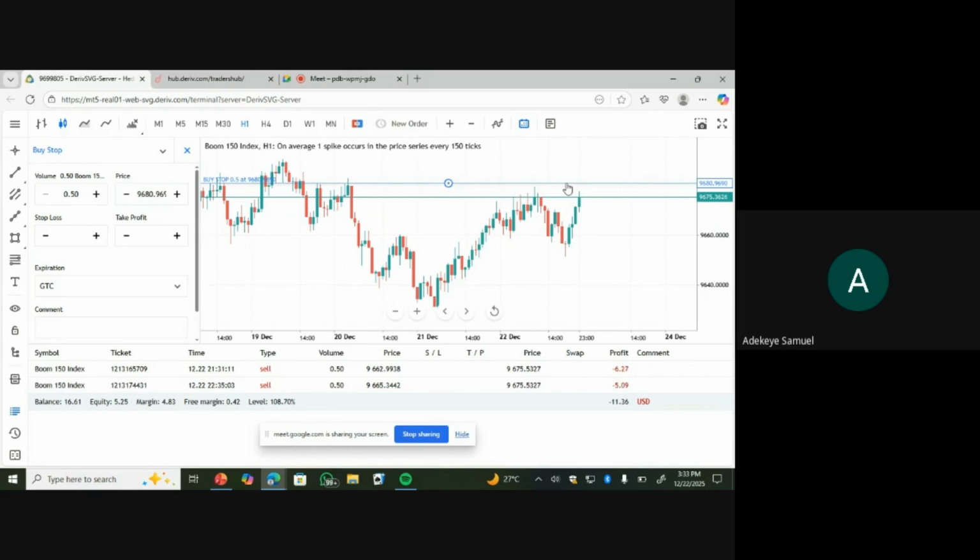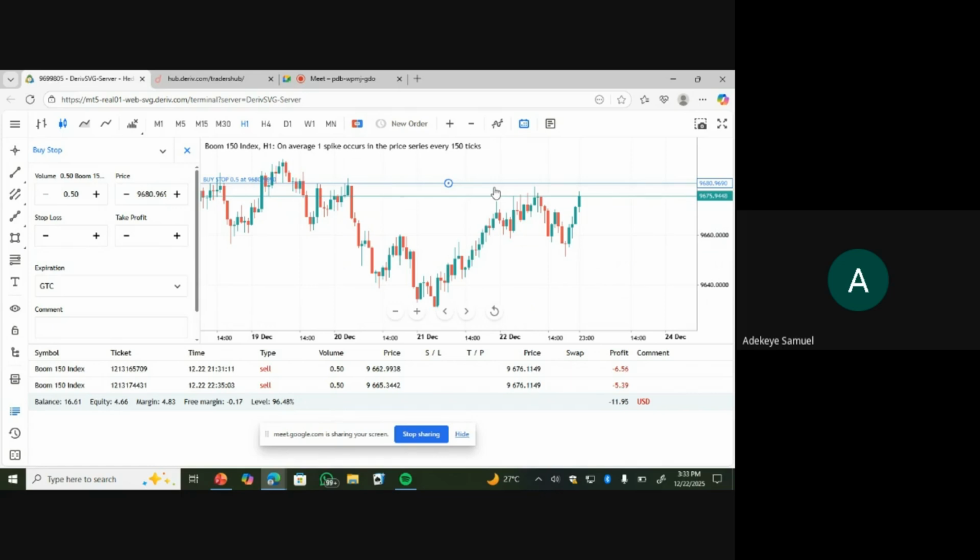You don't want to miss this buying opportunity here, so you set your buy stop at this level. Once this trade hits this particular level, it will trigger and start buying for you. That's the purpose of buy stop order.